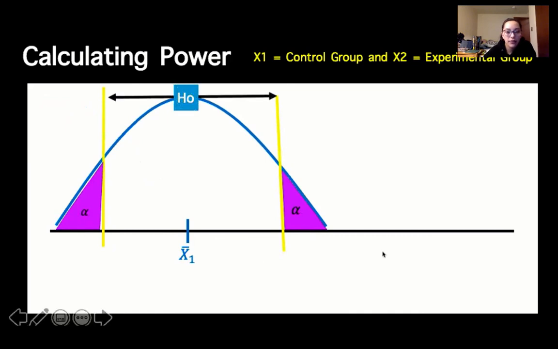And if the mean of sample 2 lands somewhere within this area, we would accept the null and say that the means are relatively equal to each other. If sample 2 landed somewhere on the outside of that confidence level, in our region of rejection where alpha is, that's when we say the means are likely significantly different from each other, such that these are representative of 2 different populations. Okay, so this part, you guys have seen this drawing before.